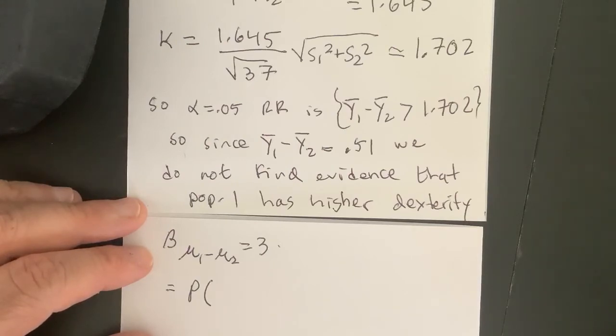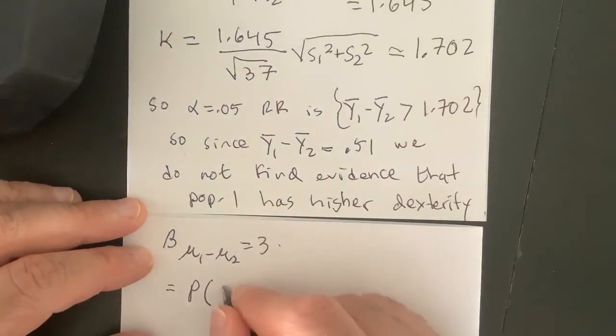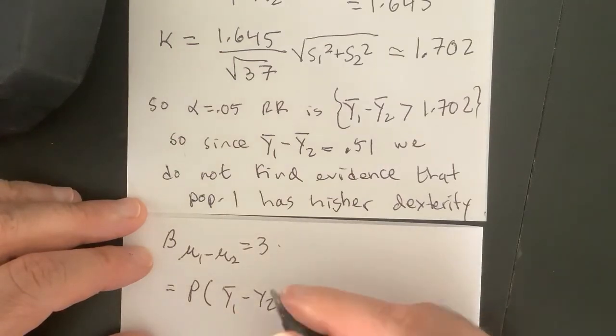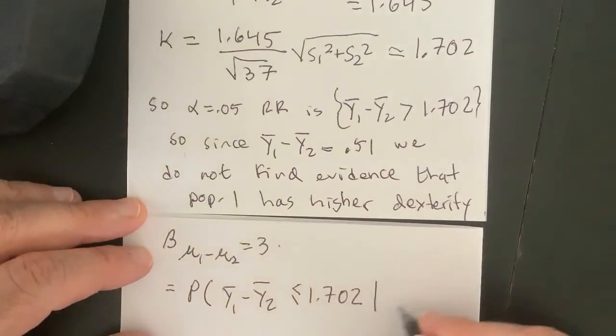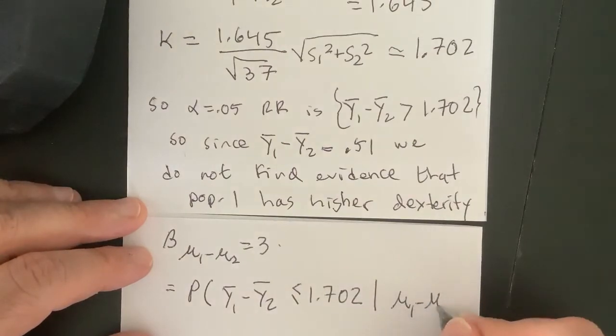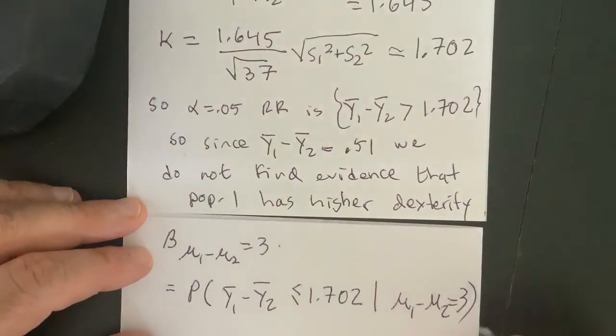So this is the probability that y1 bar minus y2 bar is less than 1.702 given mu1 minus mu2 equals 3.